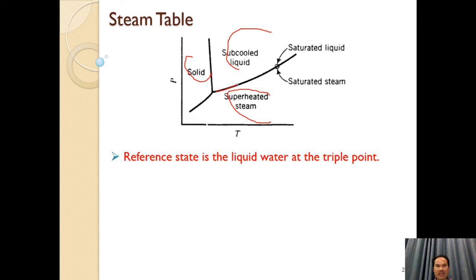This line is the equilibrium of solid and liquid, and solid and vapor. In this case, mostly we talk about the steam table as the vapor-liquid equilibrium, saturated liquid and saturated steam. The reference state of the properties of the steam table is the triple point here. Triple point means three phases are present at this point.